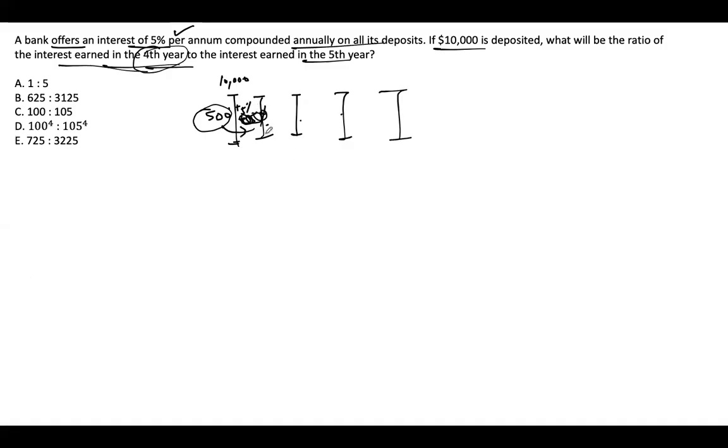Now you can do this, let's say 500 into 1.05 to the power 1 for the second year. For the third year, it would be 500 into 1.05 to the power 2. Fourth year, what will happen? Power 3. Similarly, for the fifth year, to the power 4.